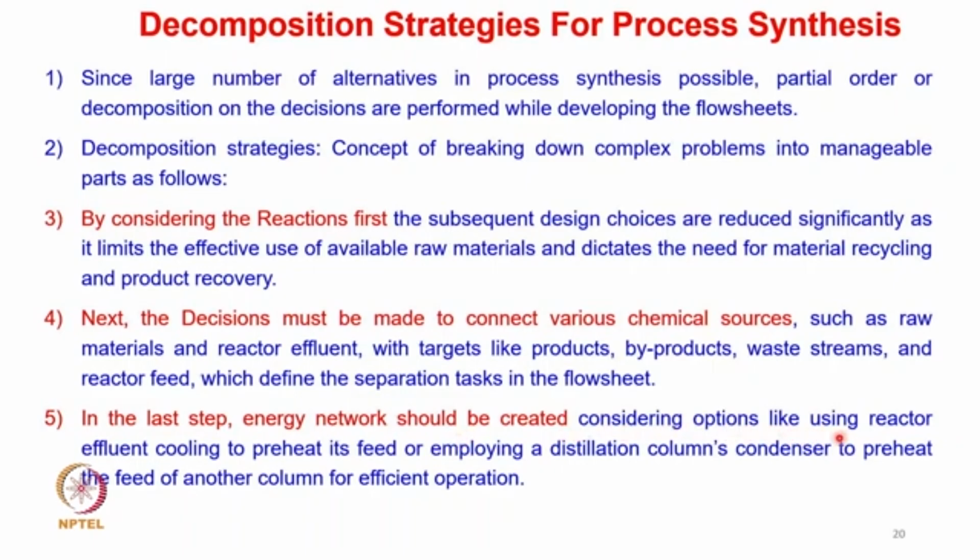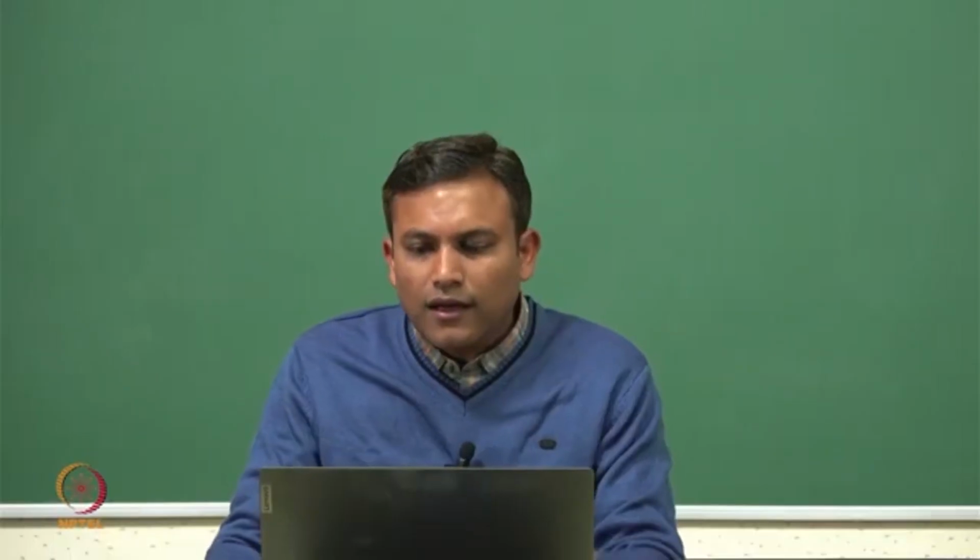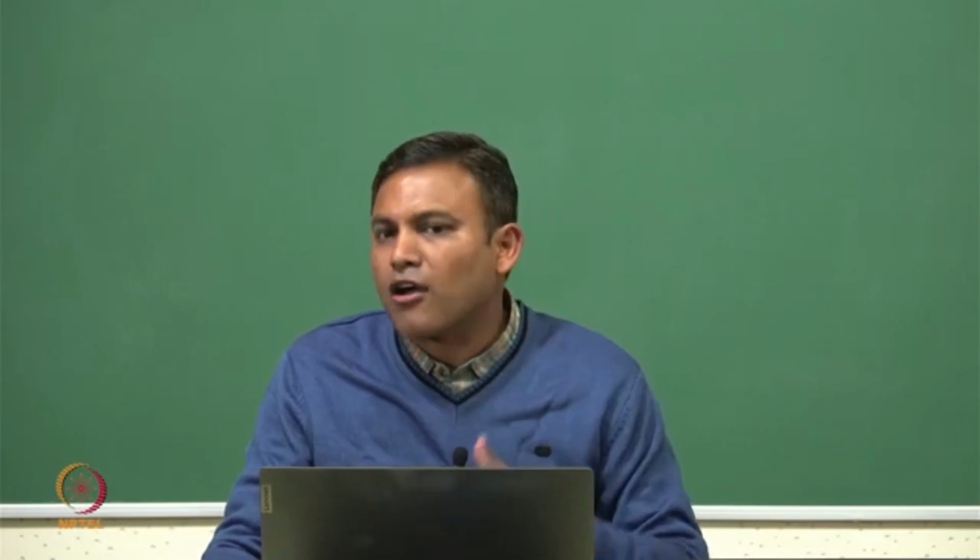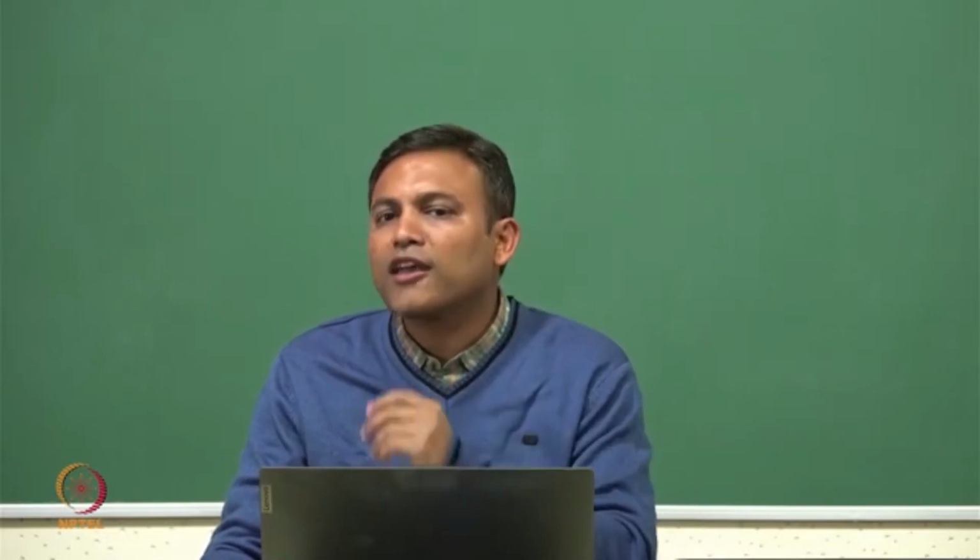considering the options like using reactor effluent cooling to preheat its feed, or employing a distillation column's condenser to preheat the feed of another column for efficient operation. So what we are saying here is, very often in the last step, whatever the effluent coming from the reactor, if it is at a hot condition, this hot effluent can be used for preheating the feed.